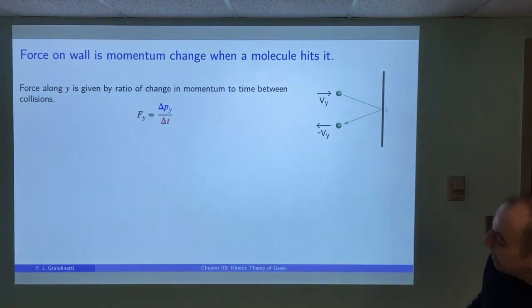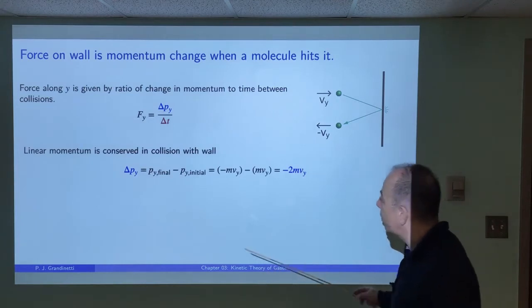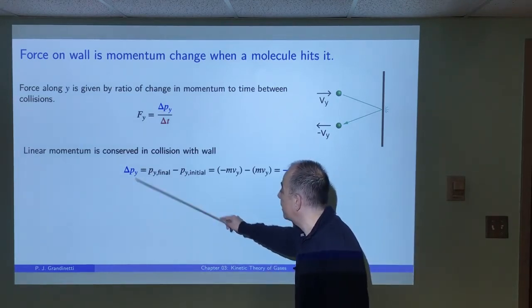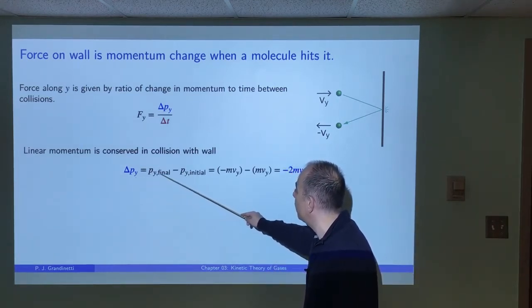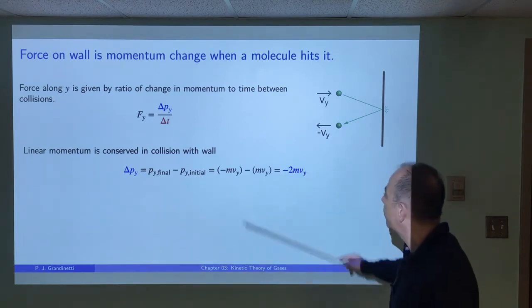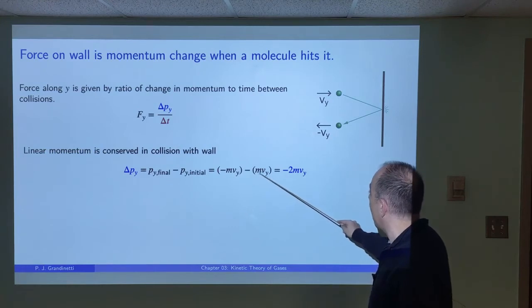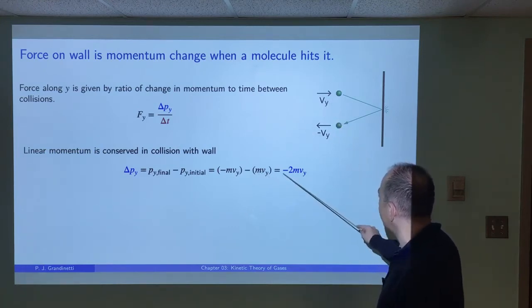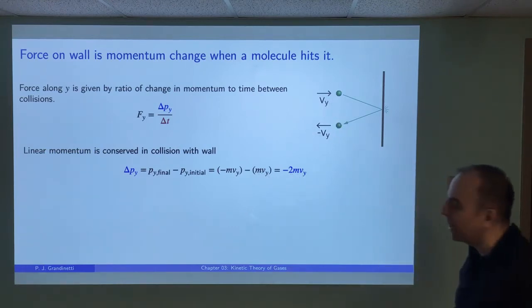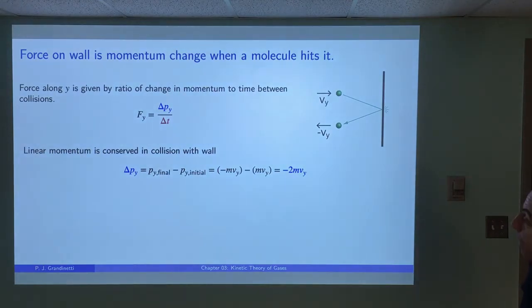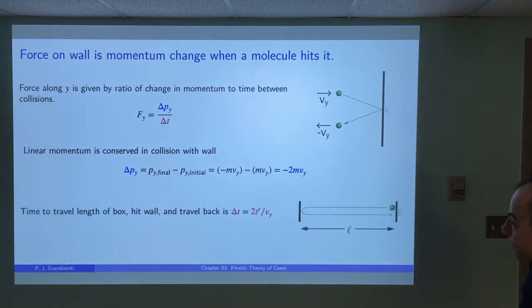So with linear momentum conserved, we can calculate the change in momentum along the y direction as p_y final minus p_y initial, which is minus m v_y for the final, minus m v_y for the initial, which gives us minus 2 m v_y.